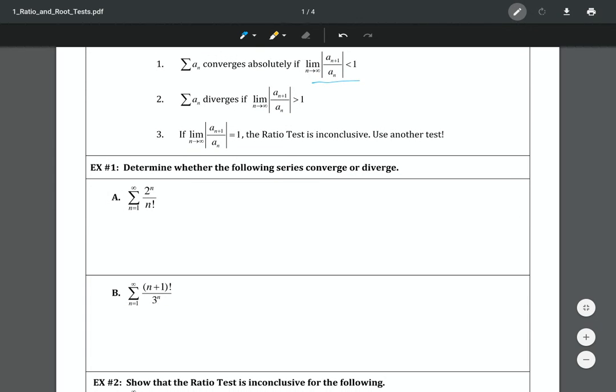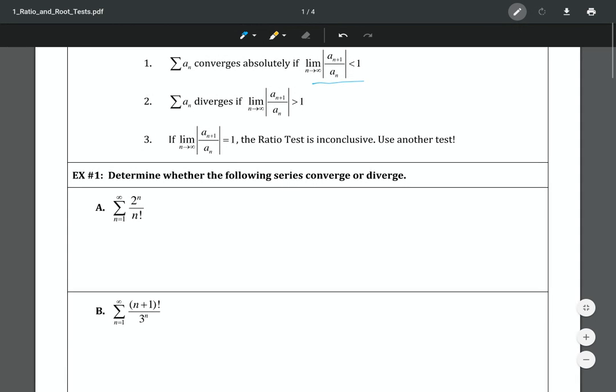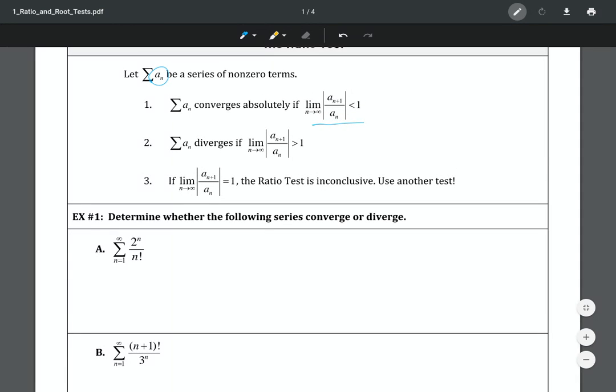So for example, if I'm going to use the ratio test on a, what I would do is take the limit as n goes to infinity of the absolute value. Now, notice that I have a of n plus 1. So I'm going to rewrite this as 2 to the n plus 1 over n plus 1 factorial.